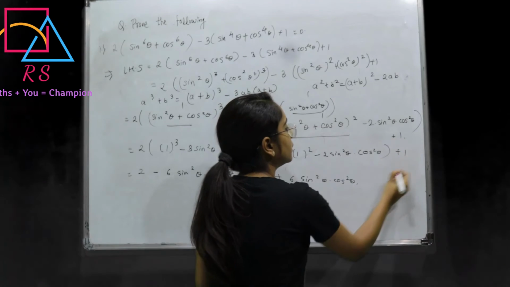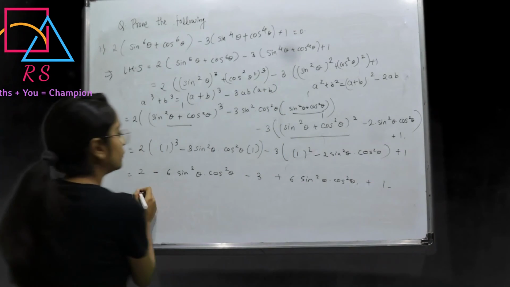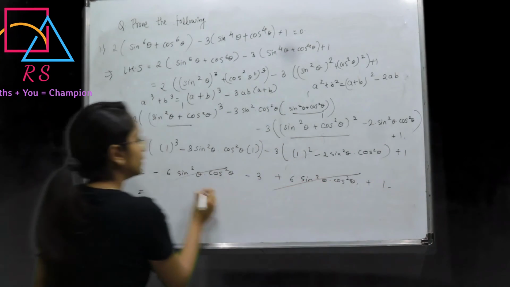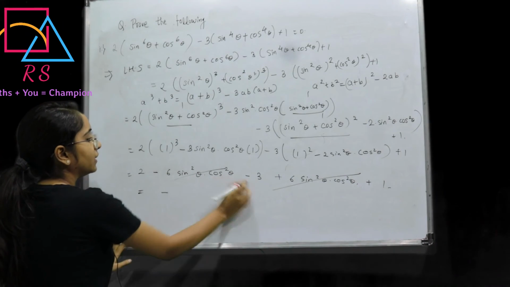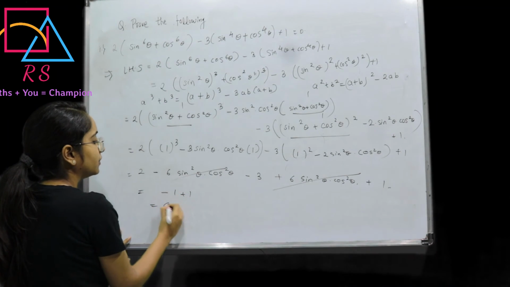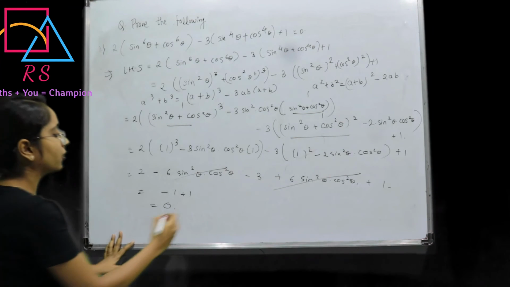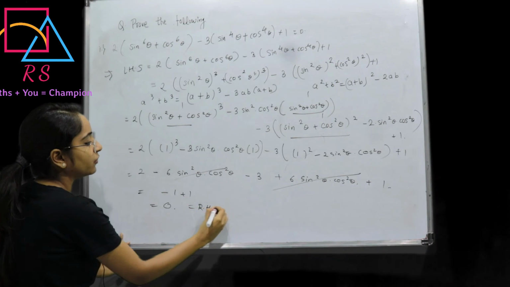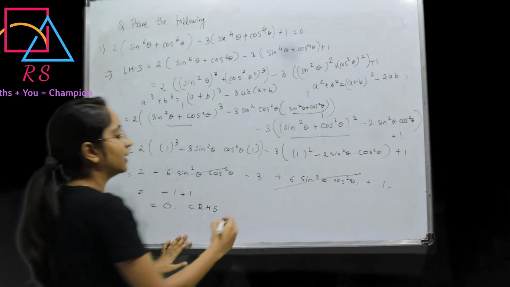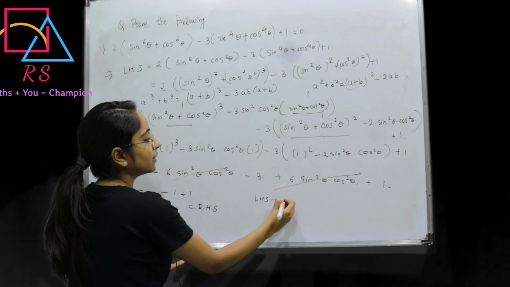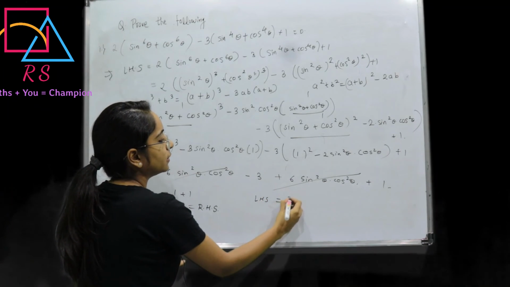So plus 1, and further these values will get cancelled and I'll get 2 minus 3 is minus 1, plus 1, which is 0. Thus we have got the value of RHS. Thus we can say that the left hand side is equivalent to the right hand side.